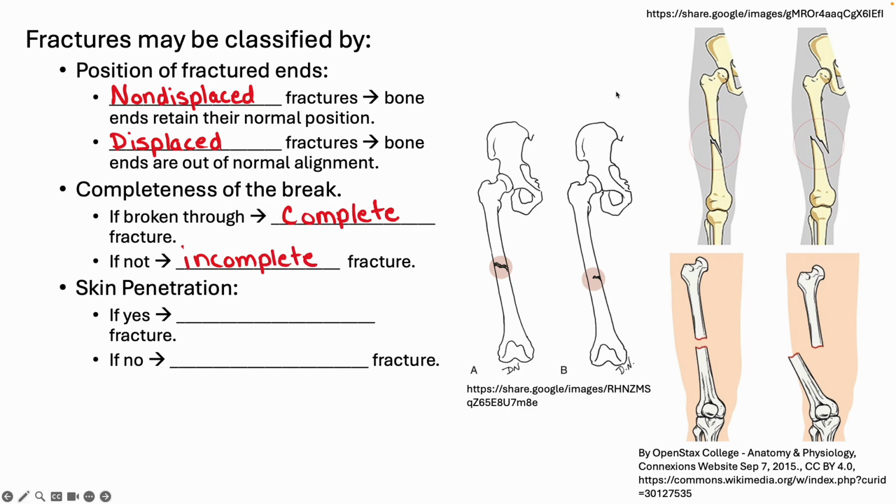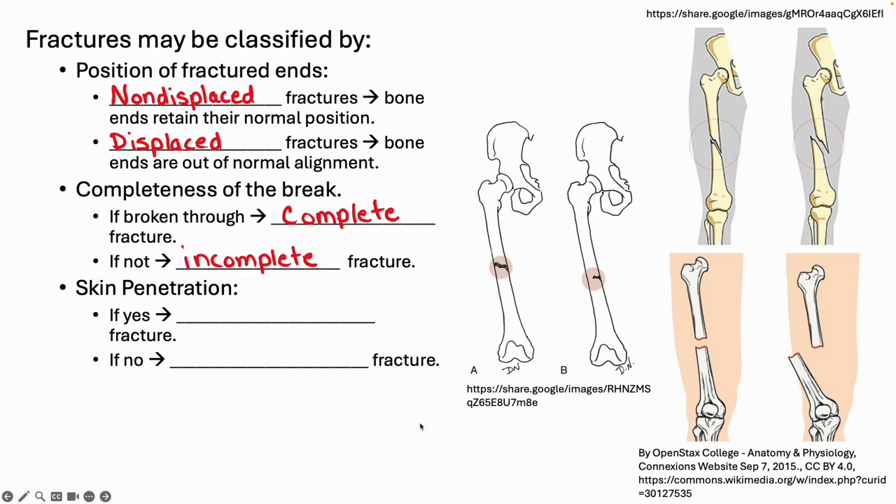So over here on the right, this represents a displaced fracture, while this is a non-displaced one, because the bone is out of alignment. Here in this middle picture, we have a complete fracture on the left because it goes completely through the bone, while on the right we have an incomplete fracture since it only goes through partially.